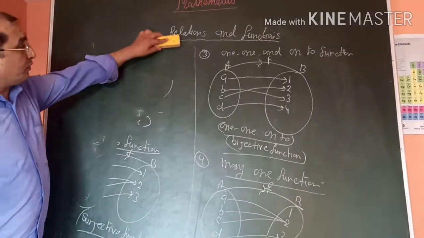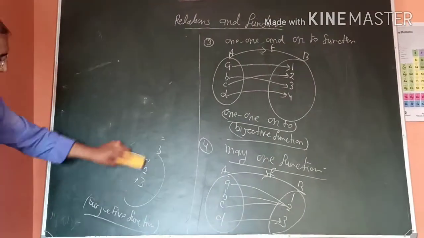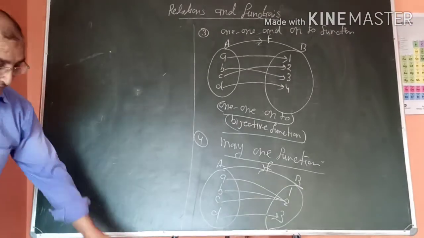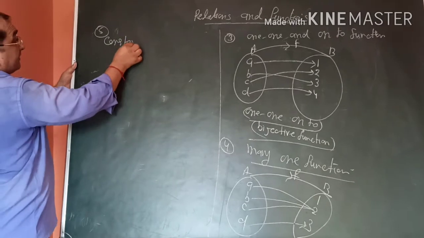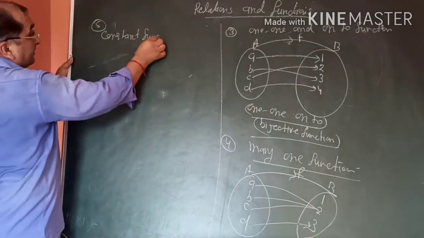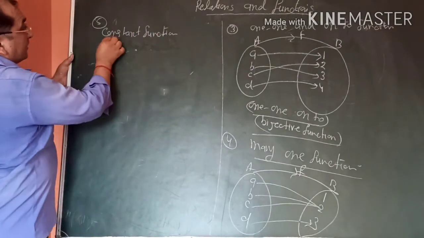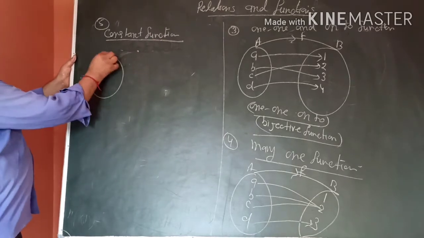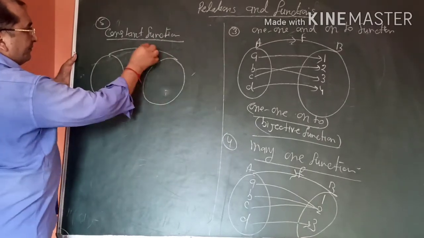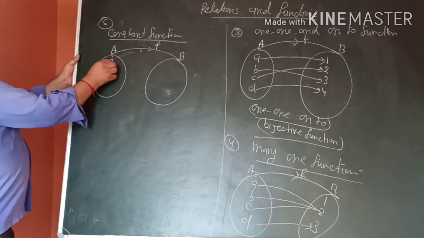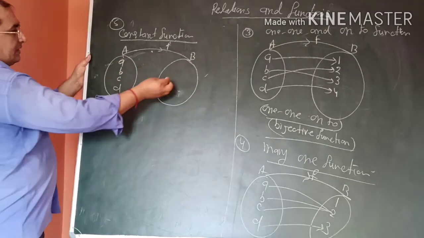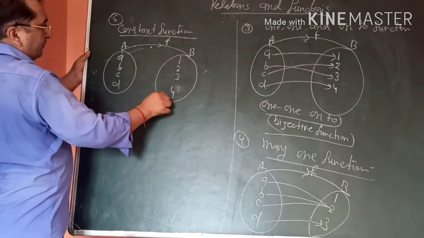And one more function we have, fifth, constant function. Constant function means a function is like this way. f, this is A, this is B. A, B, C, D. 1, 2, 3, 4.